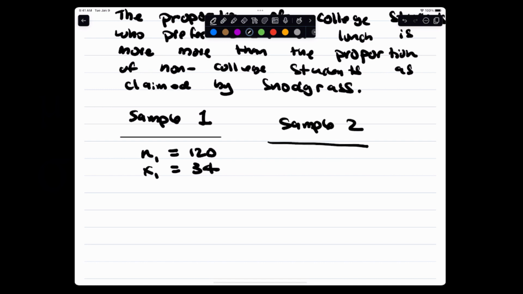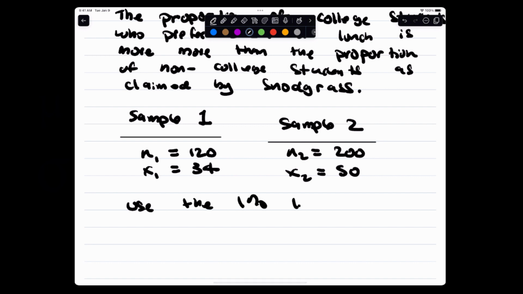Sample 2, non-college, 200 revealed there were 50 successes. Use the 1% level of significance to test this claim.